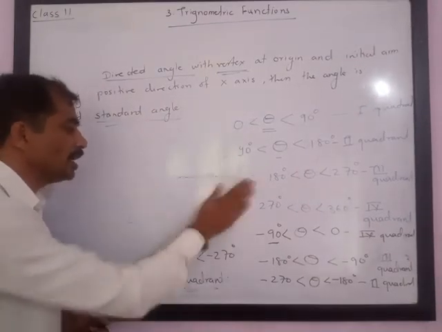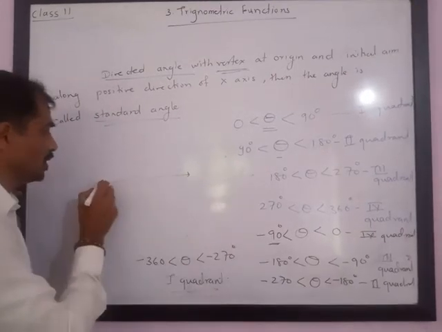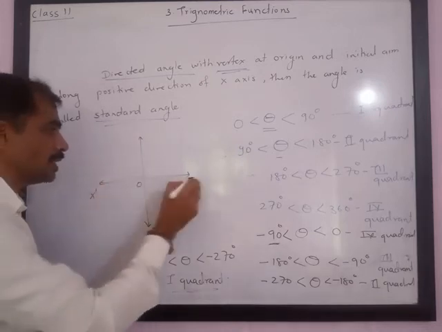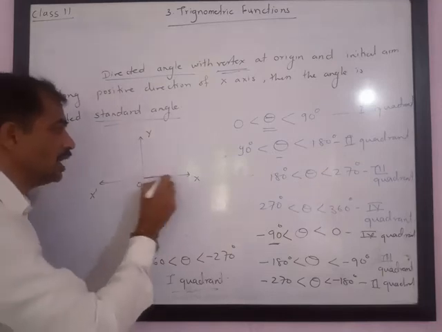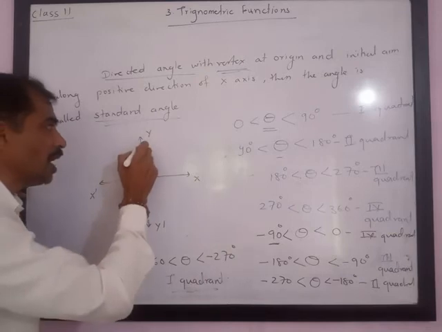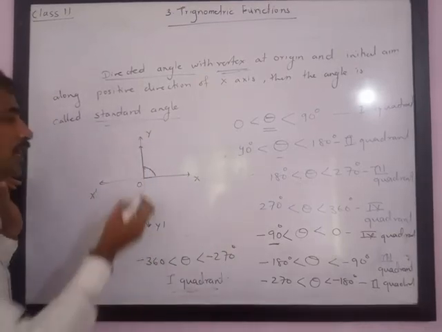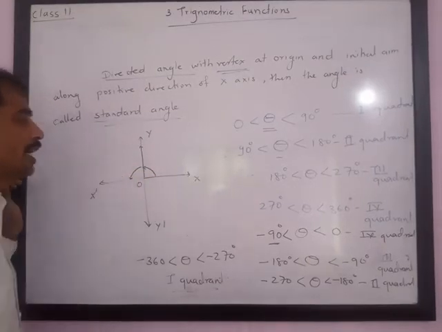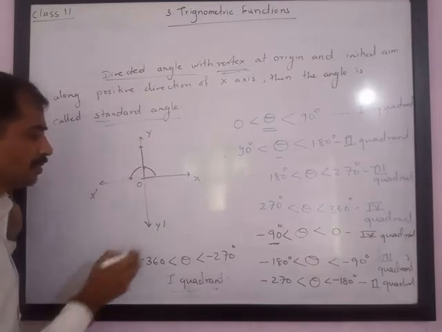Then one more point, the last point. This is the coordinate system, x dash o x, y o y dash. If the initial arm is rotated by 90 degrees, then the terminal arm will lie on the y-axis. If it is rotated again by 90 degrees, that is a total of 180 degrees, then the terminal arm will lie on the x-axis.